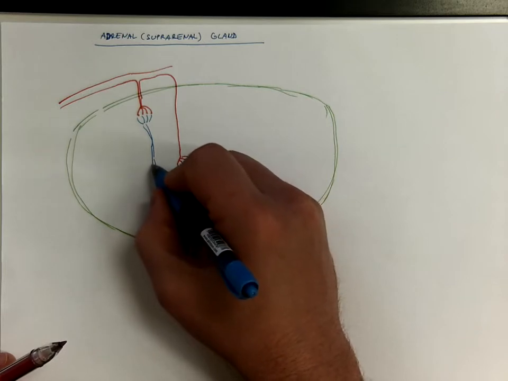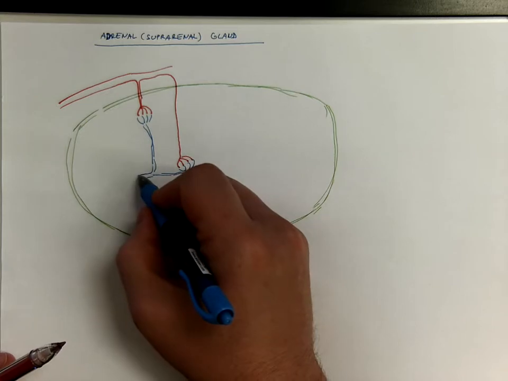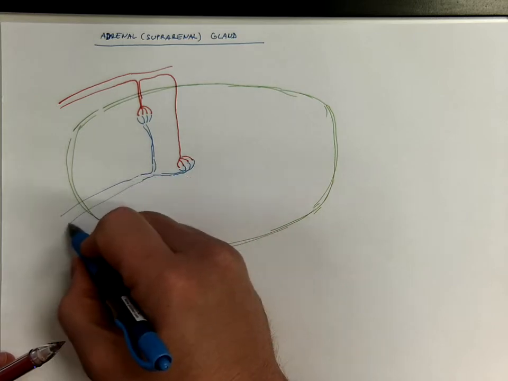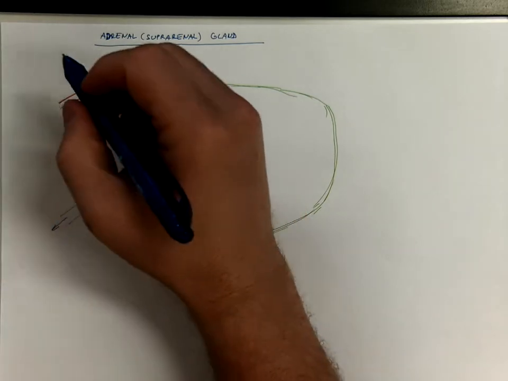They are drained by a large suprarenal vein that could be found in the medulla, and then it's leaving the whole organ.